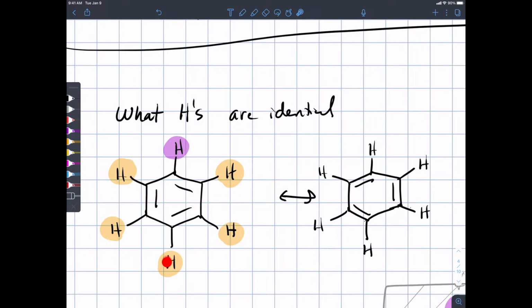This proton is the same as that one. There's an axis of rotation here. Do steering wheel action by 60 degrees, or maybe it's 120, and we exchange one proton for another there. Protons that are identical by symmetry must have the same chemical shift.